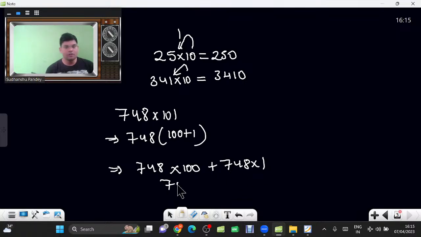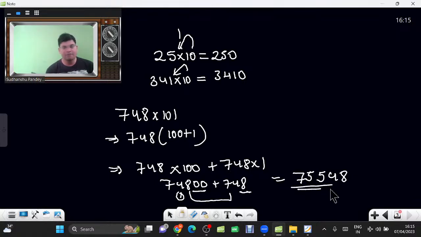So this is going to be 74800 plus 748, and then we will have 48 in the last two digits because it is 0048. Now 8 plus 7 is 15, we will write 5, then 4 plus 1 is 5, then 7 is 7. So the answer is 75548.